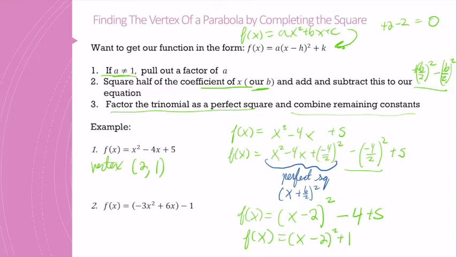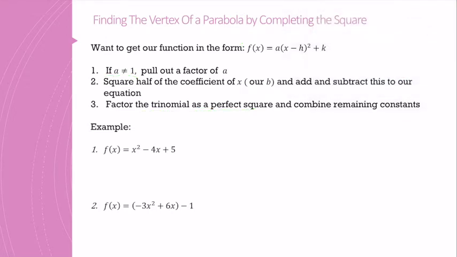Let's do another example where a doesn't equal 1. So if a doesn't equal 1, we're going to want to pull out a factor of a from everything but the constant. So here I have f of x equals negative 3 x squared minus 2x minus 1.